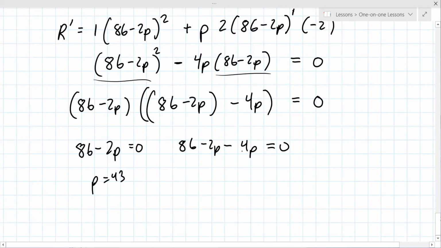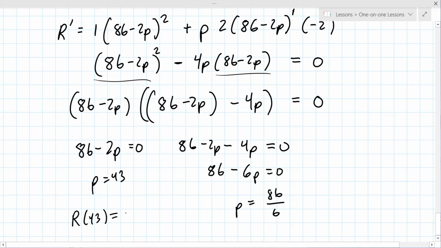When you solve the other one, you get 86 minus 6p equals 0, so p equals 86 divided by 6. If you put 43 back into the revenue function, R of 43 equals 0, so we know this one's not it.